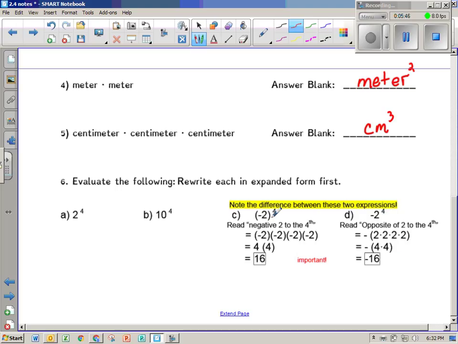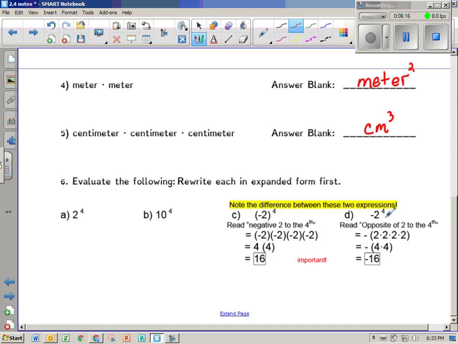The difference is when you put it in parentheses, then it actually means -2 times itself 4 times, which comes out to be a positive 16, because a negative times a negative is a positive. Negative times -2, positive 4. So these answers are very, very different. And typically what happens is a student means what I wrote for part C, but this is what they write on their paper.